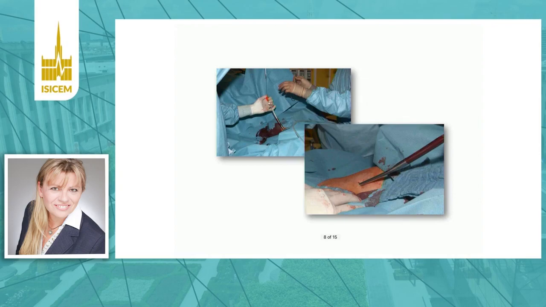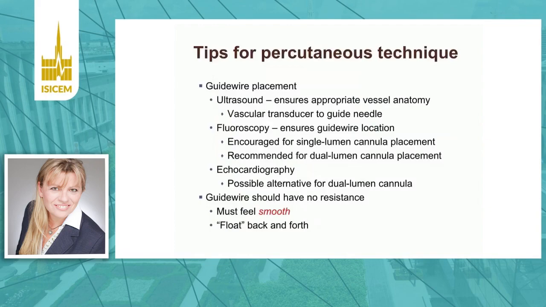My tips for the percutaneous technique: the most important is that guide wire placement can be performed via ultrasound. It ensures appropriate vessel anatomy, and a vascular transducer guides the needle. There is also the possibility to use fluoroscopy. It also ensures guide wire location, and it's recommended for dual lumen cannula placement.